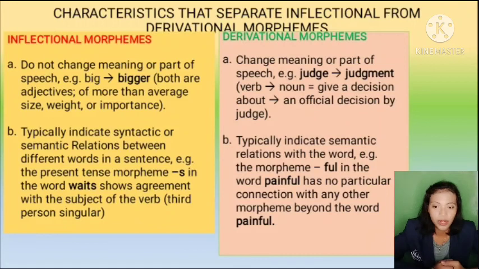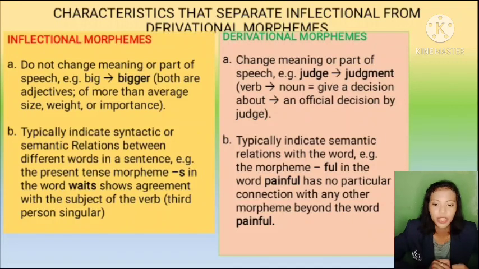The sixth one, I would like to explain the characteristics that separate inflectional from derivational morphemes. The inflectional morphemes: A, do not change meaning or part of speech. B, typically indicate syntactic or semantic relation between different words in a sentence. C, typically occur with all members of some large class of morphemes.